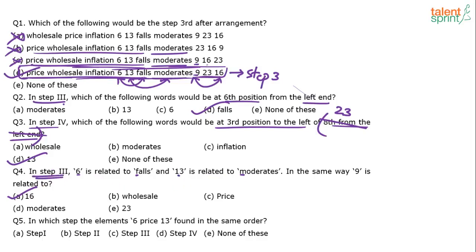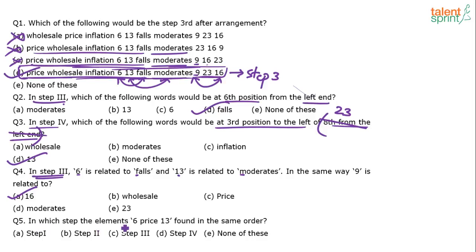With respect to step 3, the relationship between 6 and false, and between 13 and moderates, is that they are in alternate positions. So 9 and 16 are also in alternate positions. Right? 9 is related to 16.